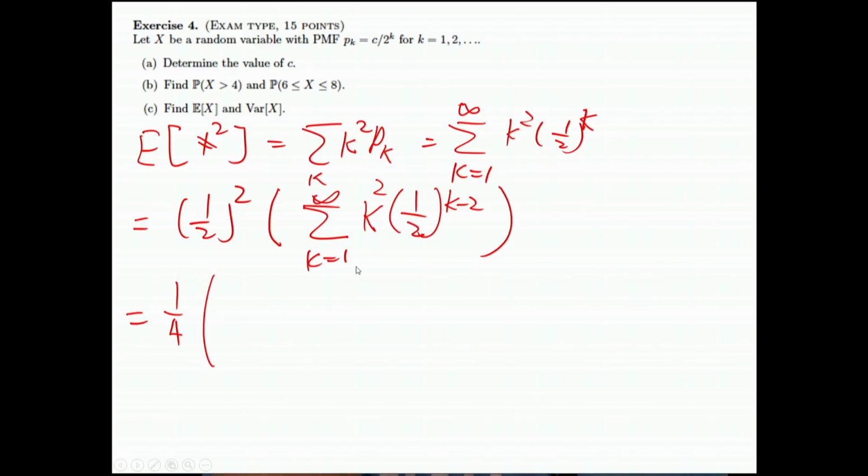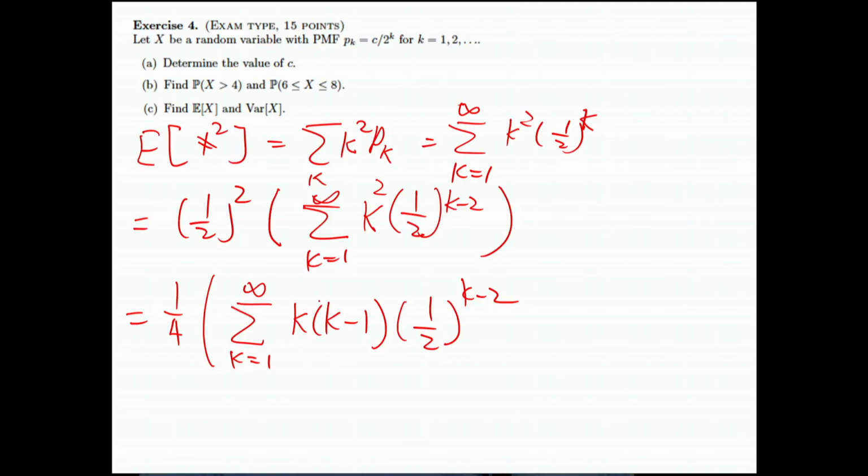This summation, we can have 2 summations to represent: the summation of k times (k minus 1) times 1/2 to the k minus 2, k from 1 to infinity.